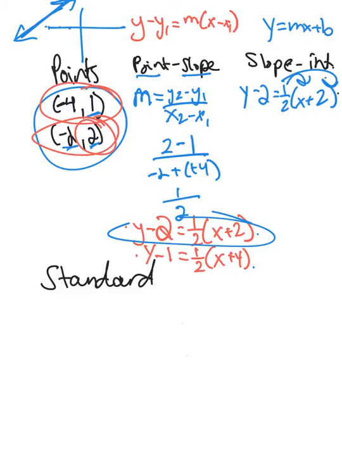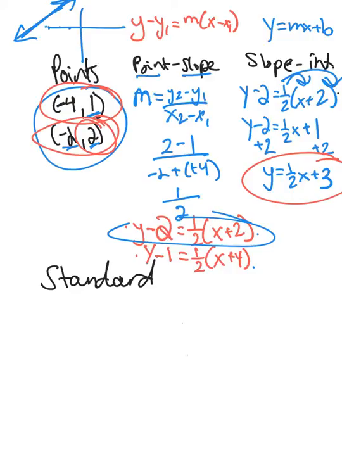So in other words, I want y alone. So y minus 2 equals 1/2 x plus 1/2 times 2 is 1. And then I'll just add my 2 onto both sides, and I get y equals 1/2 x plus 3. And so that is the equation in slope-intercept form.